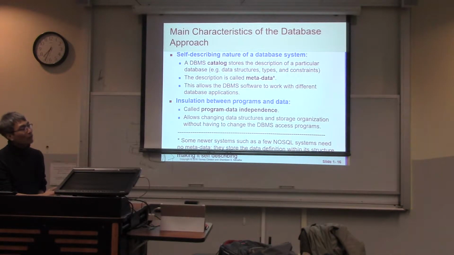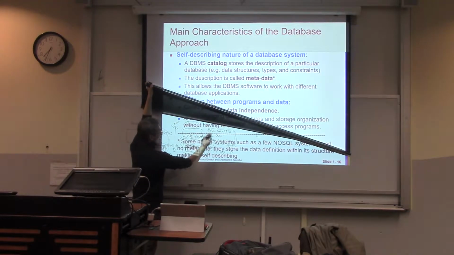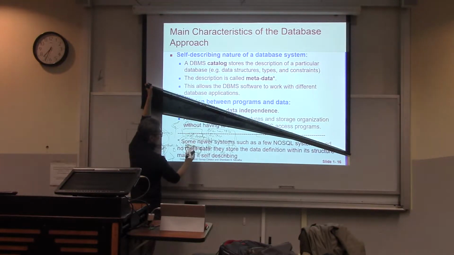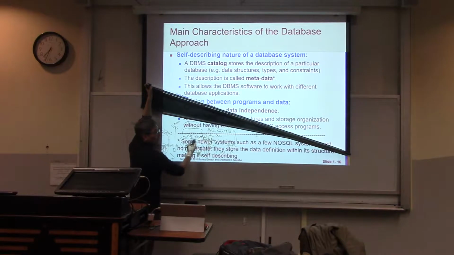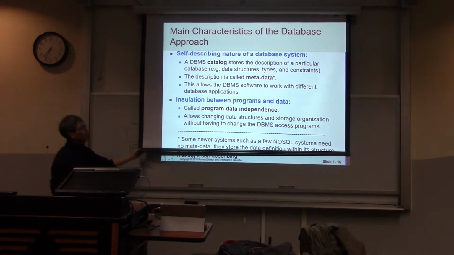For example, MySQL has a schema view like that, so you can search such information. Then insulation means program-data independence. Because we separately manage the data structure, the program doesn't have to worry about the structure. Instead, it just accesses the information. So it's program-data independence.